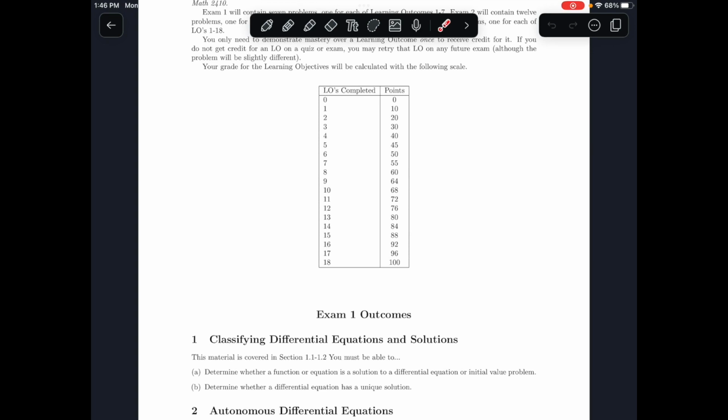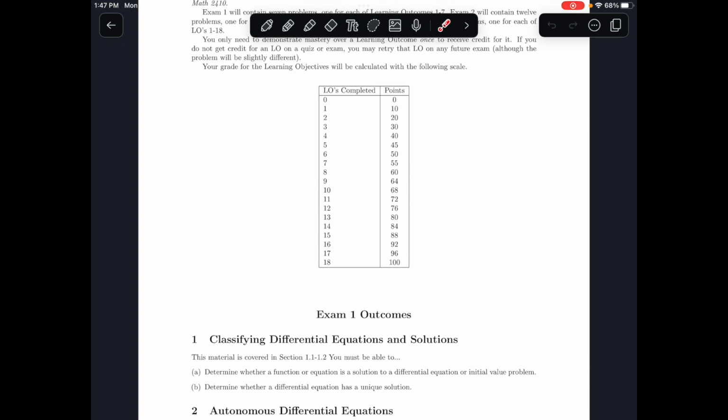What's going to set you up for failure would be if you have gotten 0, 1, or 2 learning outcomes completed up to this point, and then you come into the exam just planning to knock everything out, and you study everything. When you study that many different concepts all at once, you're bound to have some gaps in your knowledge.